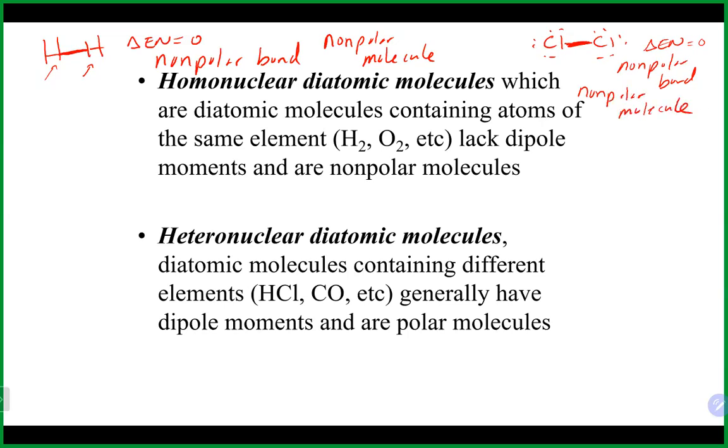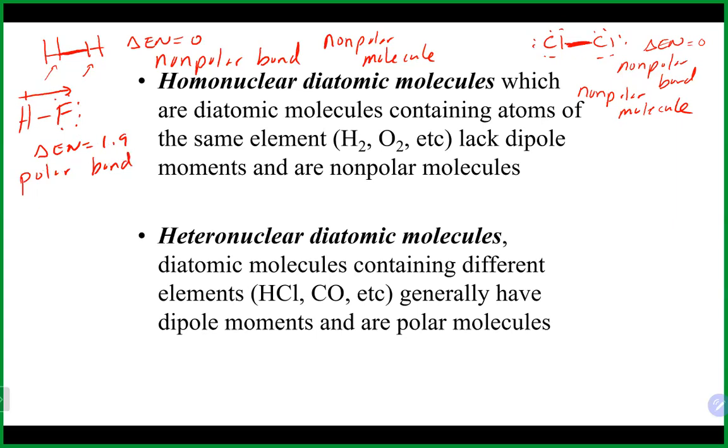So those are pretty simple to figure out if it's diatomic, just like if we had HF, and I'll write it a little bit higher, which is a heteronuclear diatomic molecule. We know that fluorine is the most electronegative. So when we do the difference in electronegativity values, if you remember, we got something like 1.9 that tells us that it is a polar bond. And we could represent that with that arrow, just like we did there.